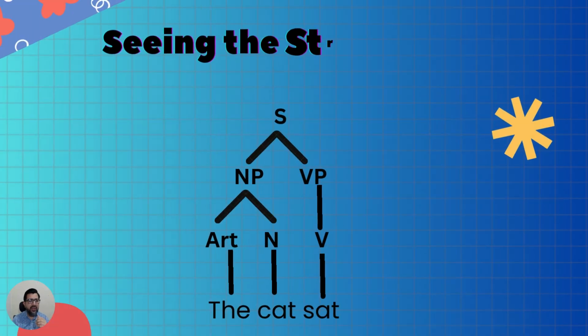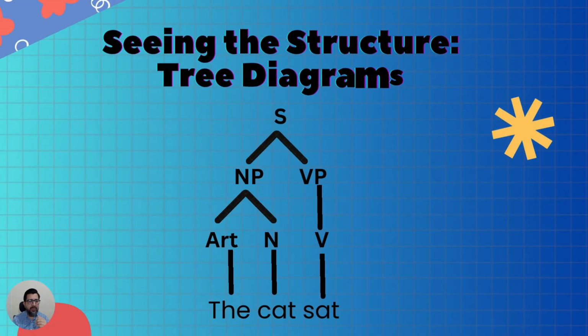Now, let's move up to this part. We can use tree diagrams to visualize the structure of a sentence. It's like a family tree for words. The sentence is at the top, and it branches down into its parts, following the phrase structure rules. You can see here we have the sentence, NP, which stands for noun phrase.